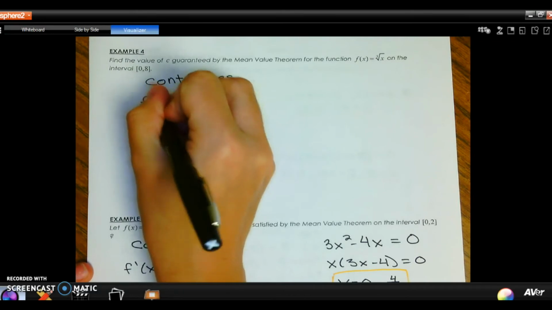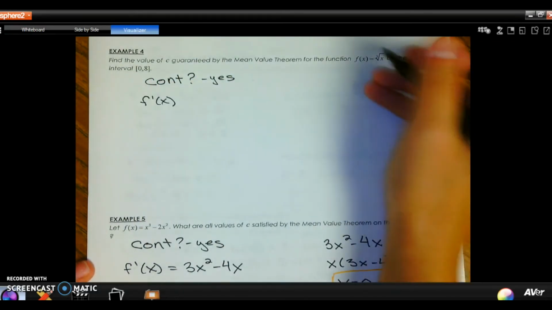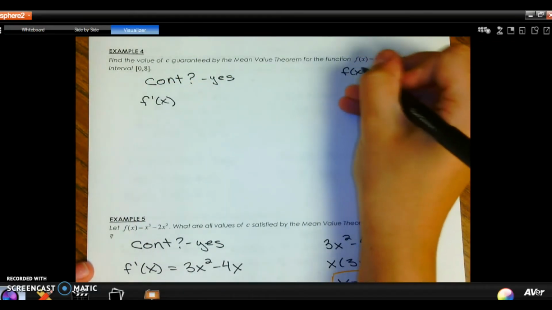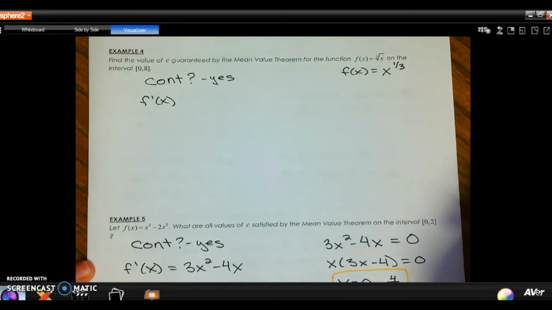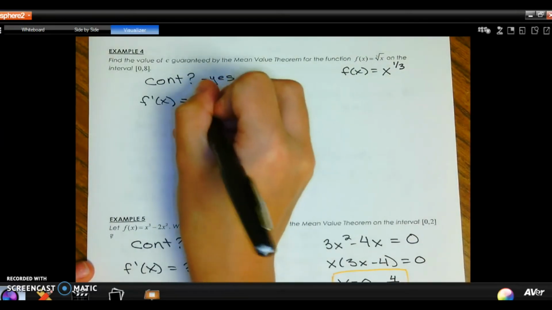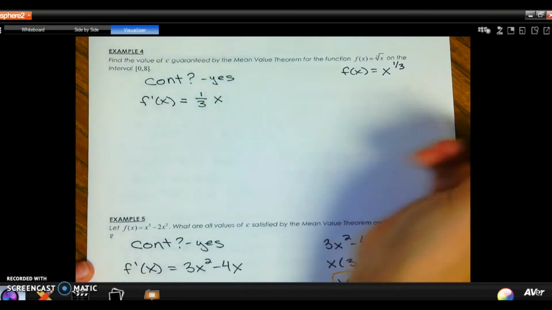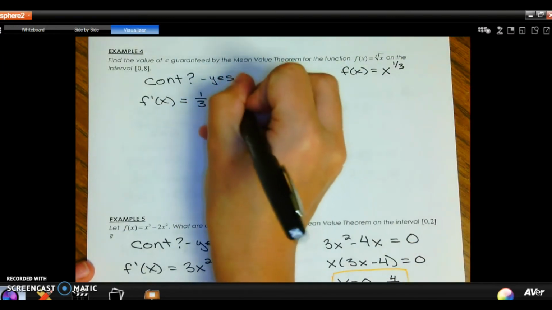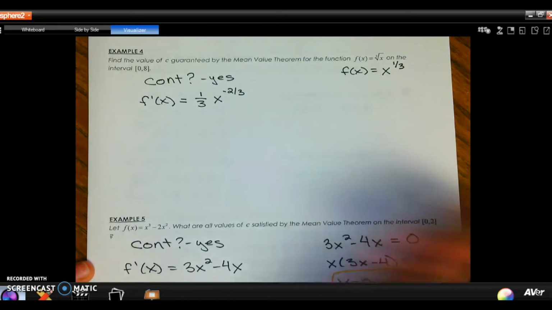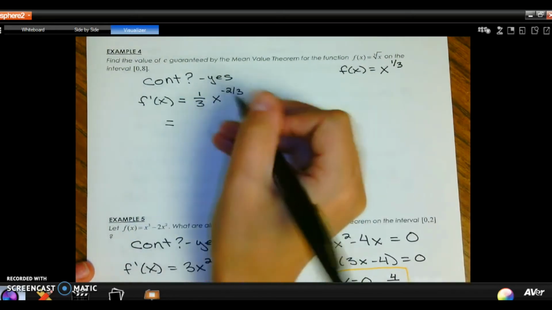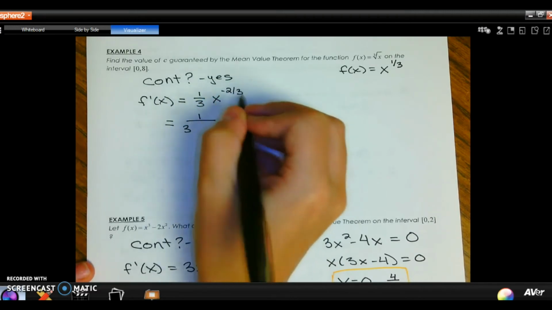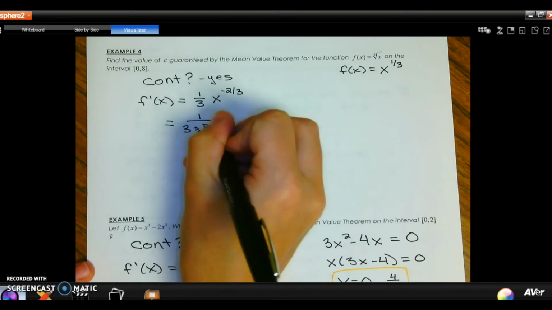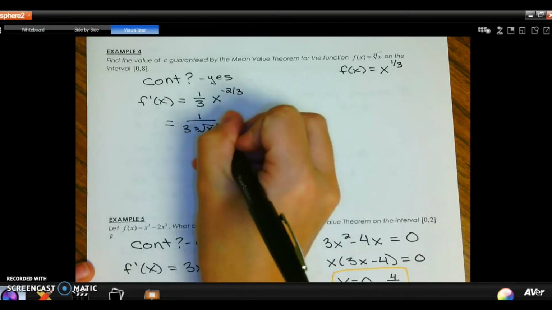It might be a little easier if you remember that the cube root of something is just a rational exponent, so write it as power over root. Now that's easy to take the derivative of. It's 1/3 x, and when you subtract 1 from the exponent, you get negative 2/3. Remember, a negative exponent means it can be written in the denominator, so power over root, that's going to be the cube root of x squared.